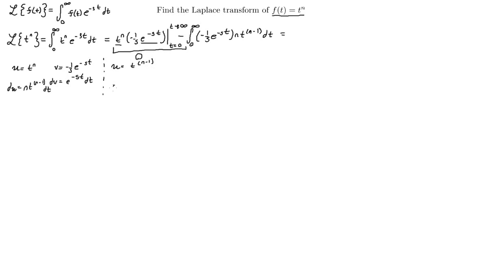And so our du is going to be n minus 1 t to the n minus 2 dt. Our dv is basically the same, dt. So our v is going to be negative 1 over s e to the minus st.